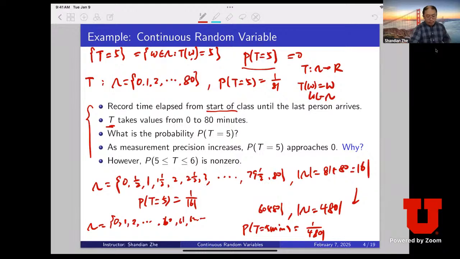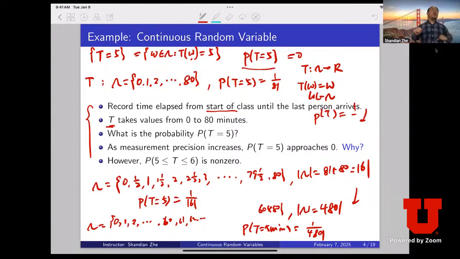Yes, that means more and more time points are added into this sample space, and meanwhile your probability for the same event will get smaller and smaller. Why? Because your sample space grew larger and larger. It contains more and more outcomes, right?